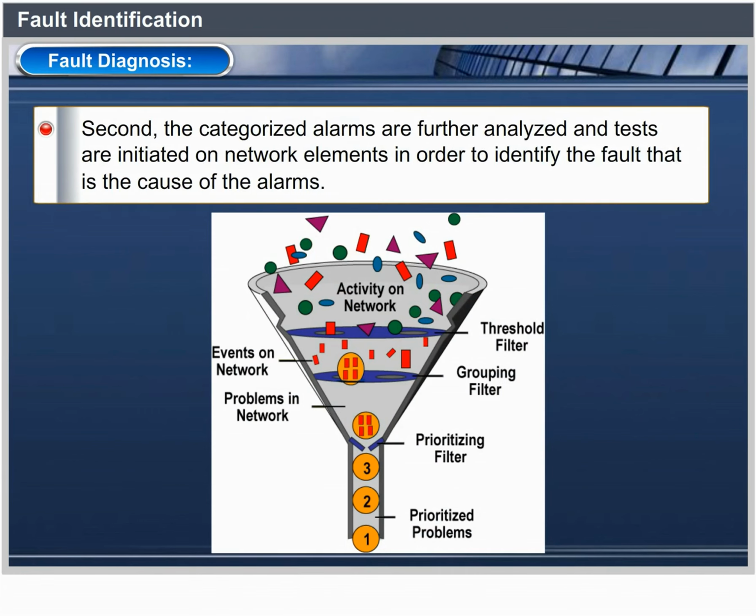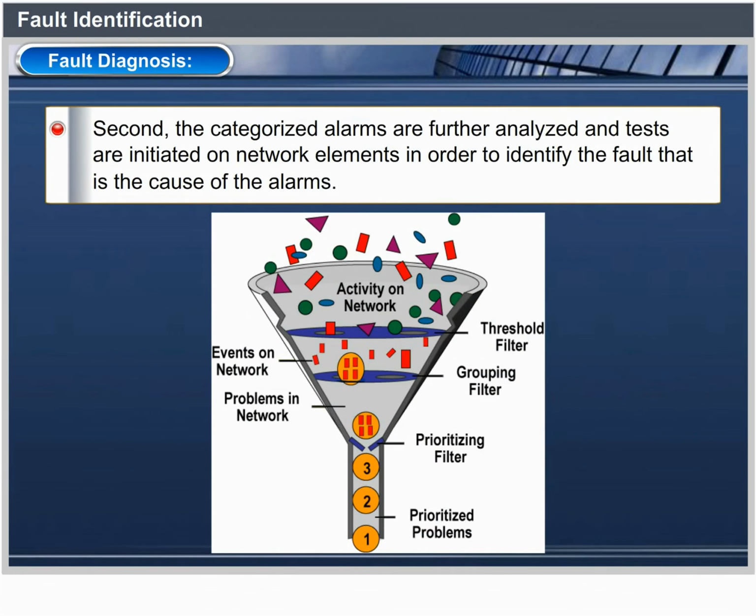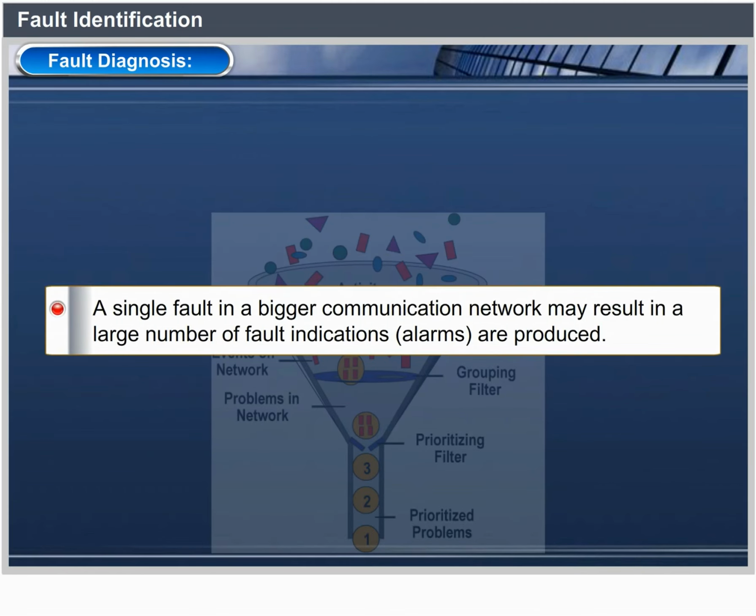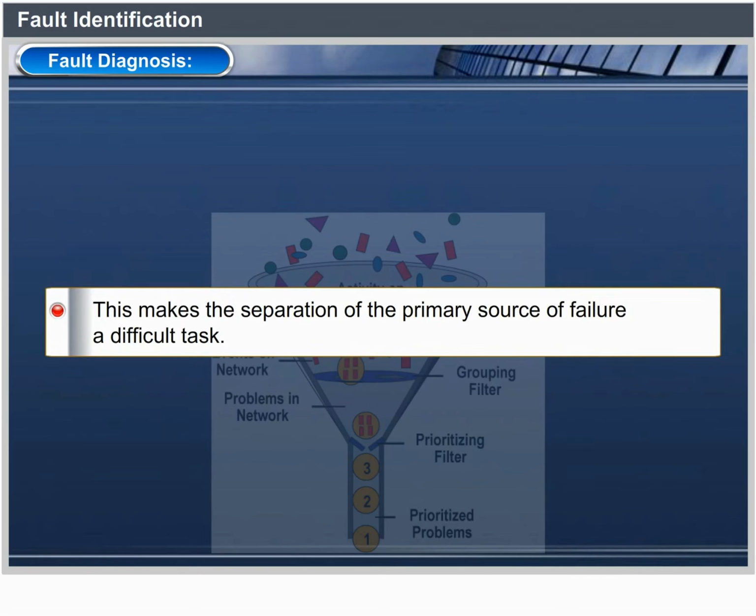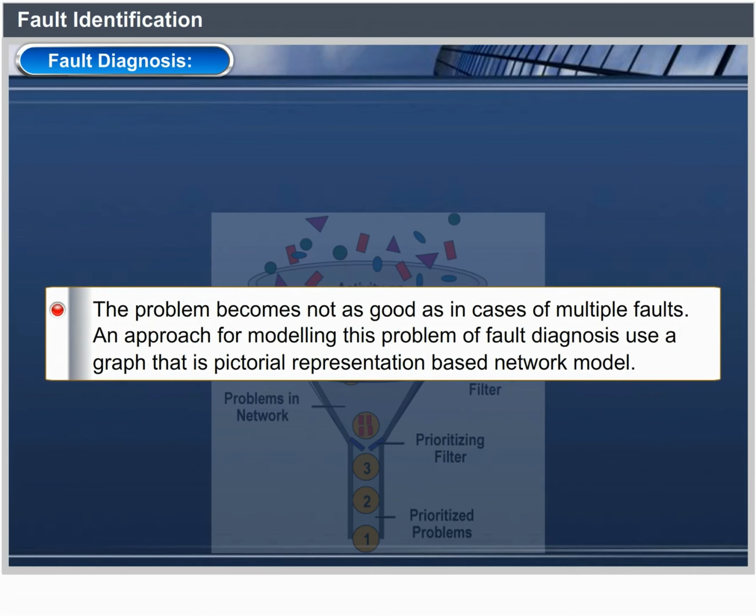Second, the categorized alarms are further analyzed and tests are initiated on network elements in order to identify the fault that is the cause of the alarms. A single fault in a large communication network may result in a large number of fault indications or alarms being produced. This makes the isolation of the primary source of failure a difficult task. The problem becomes worse in cases of multiple faults.